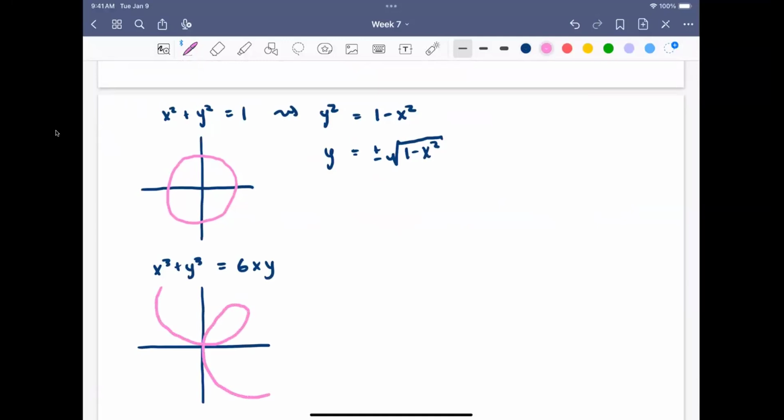Right, this one. I can't actually solve for y, and so maybe it's less clear how to draw a picture of this, but using a computer, we can get this picture, and the claim is that if I plug these points in the plane into this equation, it is a true equation. Okay, does it make sense how we take an equation and that gives a shape?